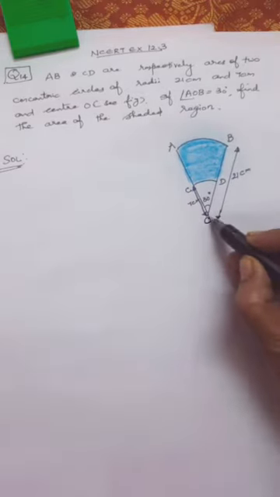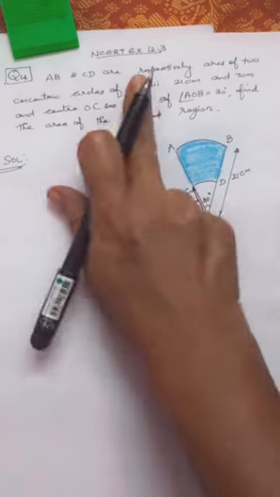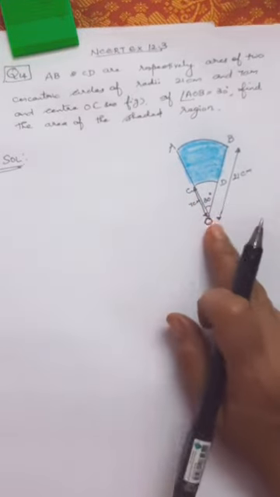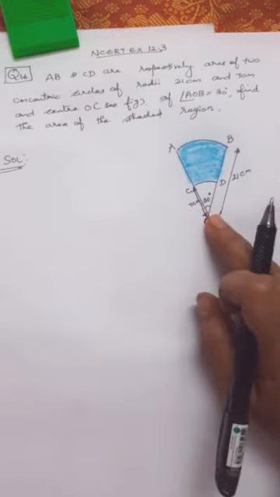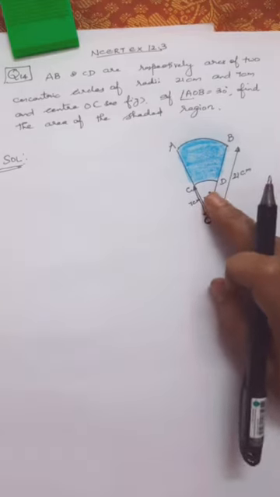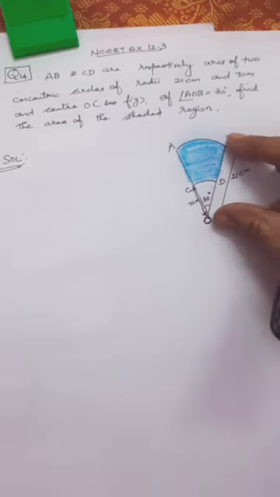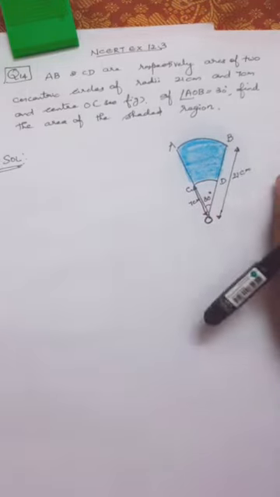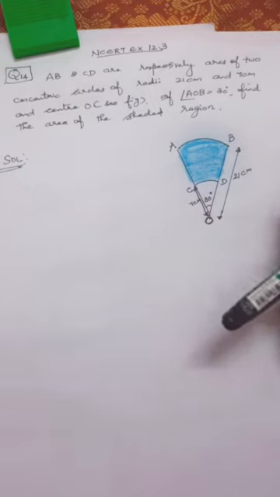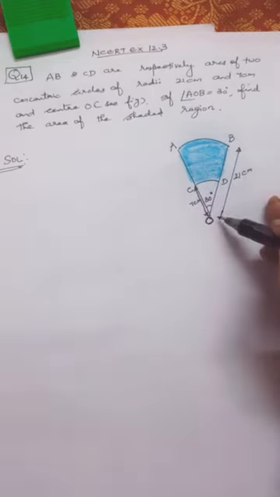So they are having the same center O, and it is also given the angle AOB is 30 degree. That means for both the sectors the central angle is 30 degree. Now how can you find the area of the shaded region? It's quite obvious. Area of the bigger sector minus area of the smaller sector.